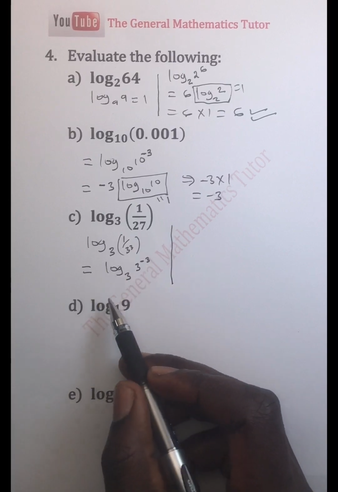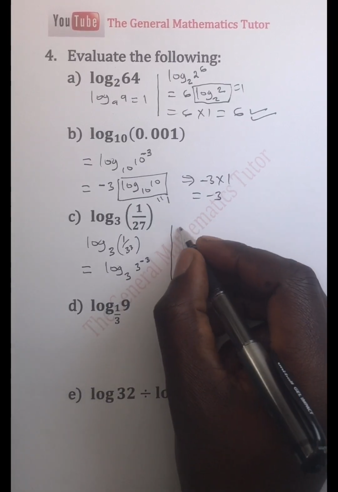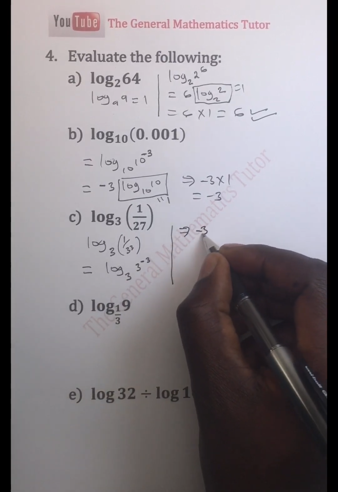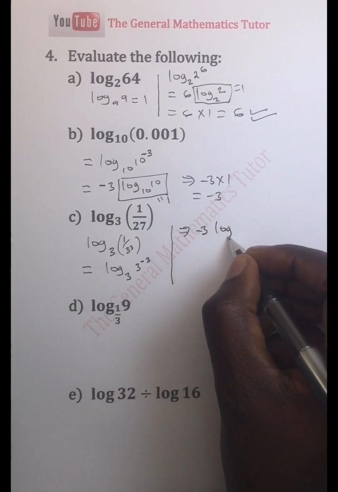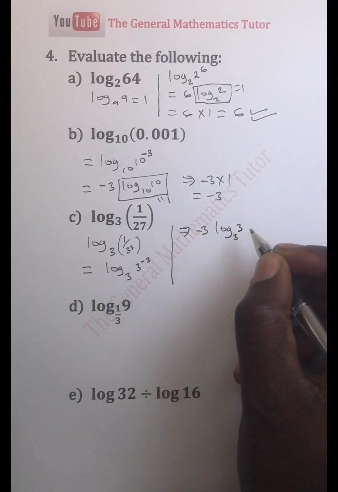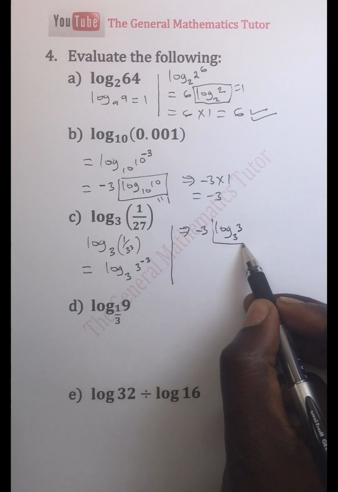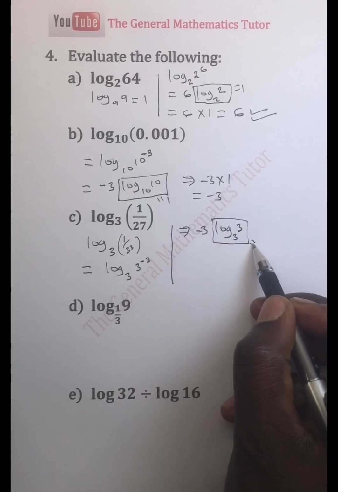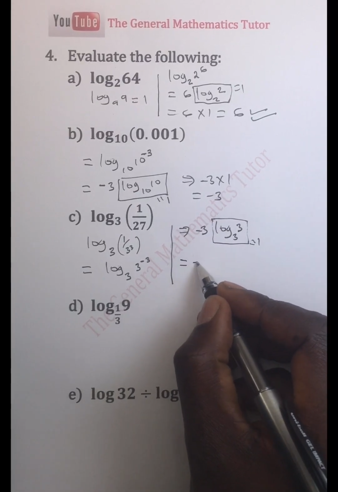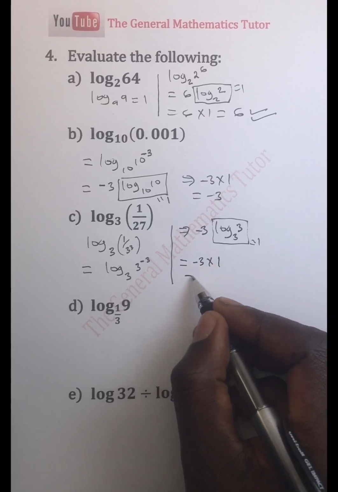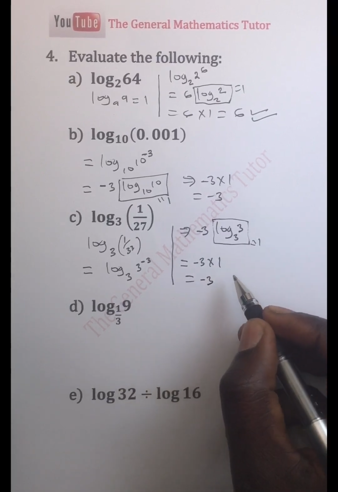And we can apply the third law of logarithms so that this is the same as negative 3 log to base 3 of 3. Since the base and the number are the same, that part is equal to 1. So it means we have negative 3 times 1, so that the answer is negative 3.